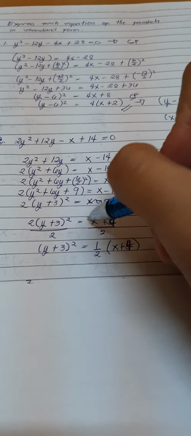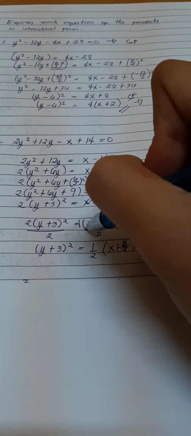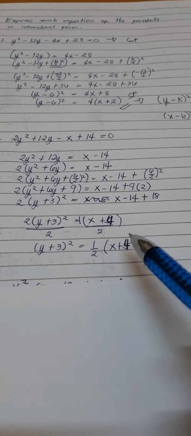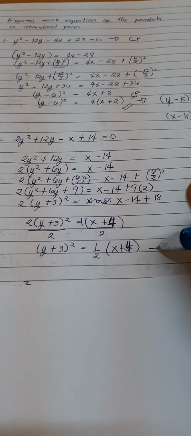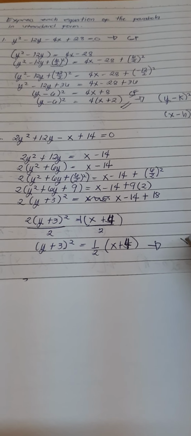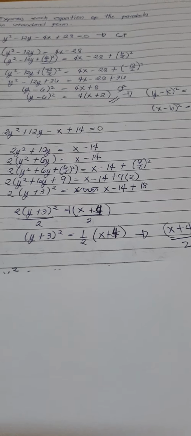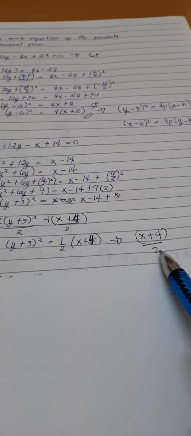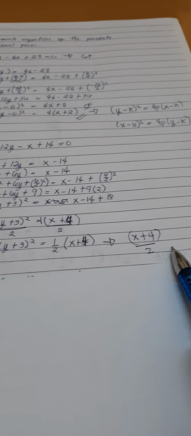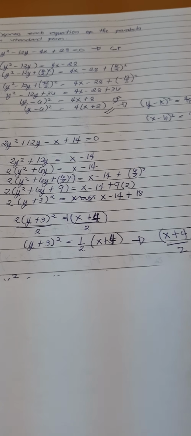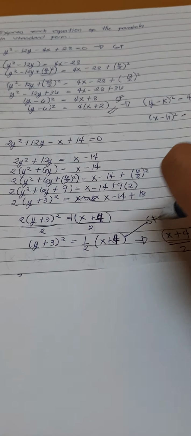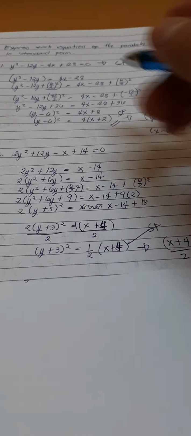Actually, this side can also be written as the quantity of x plus 4 over 2. We can write it in this way, it's up to you. So this is now the standard form of our general format.